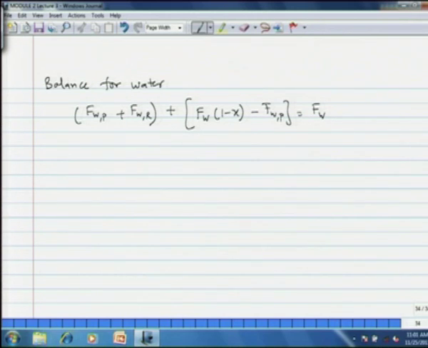And then if you simplify this, we get a very similar expression as in case of the HDA process.